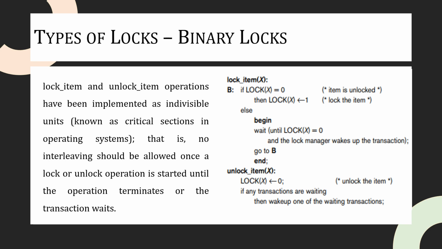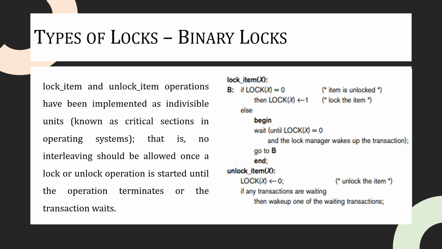If lock of X is not equal to 0, that is, if it is equal to 1, then the transaction is forced to be in the wait state and it will remain there until lock of X is equal to 0, and the lock manager wakes up this transaction when lock of X is equal to 0. Now let's look into the second operation, unlock item of X.